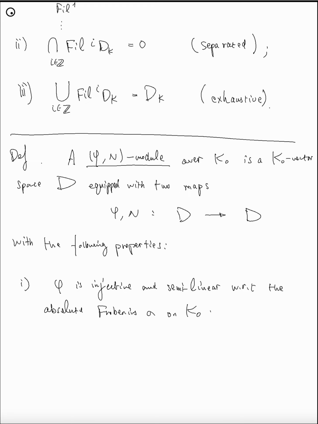So this means that over the coefficient K0 there was already an absolute Frobenius there, and semi-linear means this phi acting on the coefficient elements from K0 is equal to this absolute Frobenius acting on that element. Secondly, this operator n is a K0-linear map, not phi-semi-linear. This n is linear, and we call it the monodromy map.